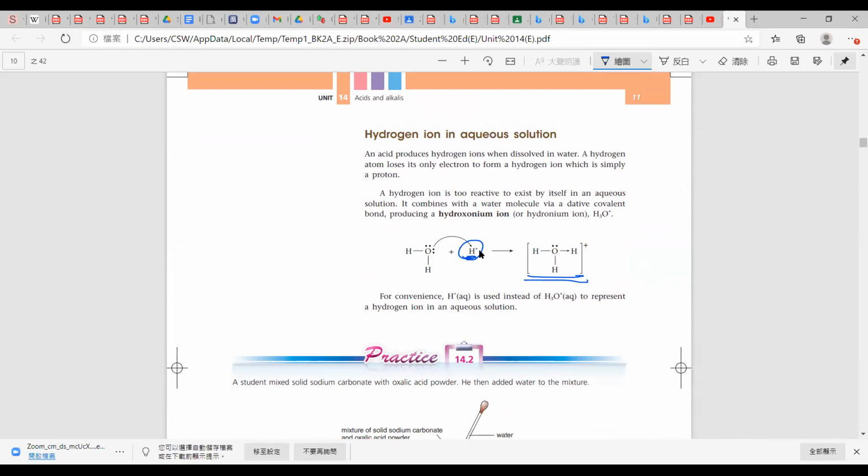We call that hydroxonium ion or hydronium ion, with the formula H3O+. So that's why we use the two symbols interchangeably. One is H+ and the other is H3O+, which means aqueous hydrogen ions. They are of equal meaning. Can you get a point?